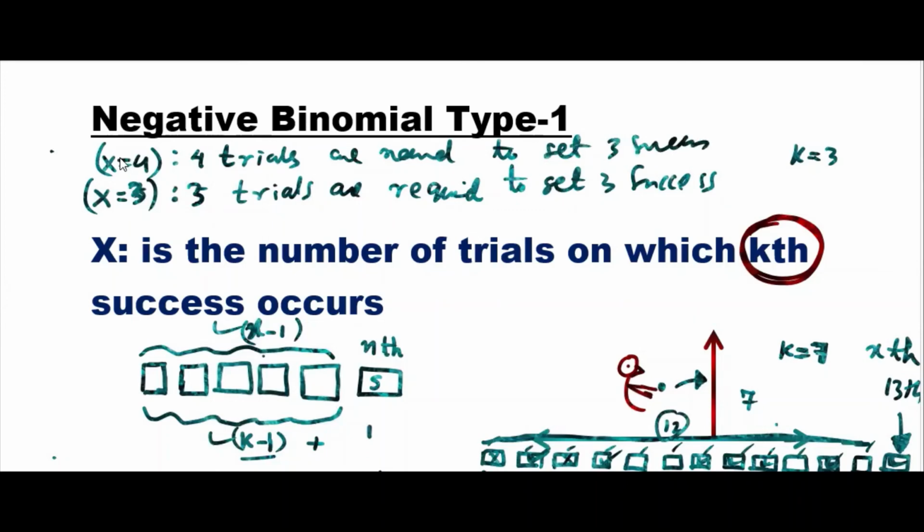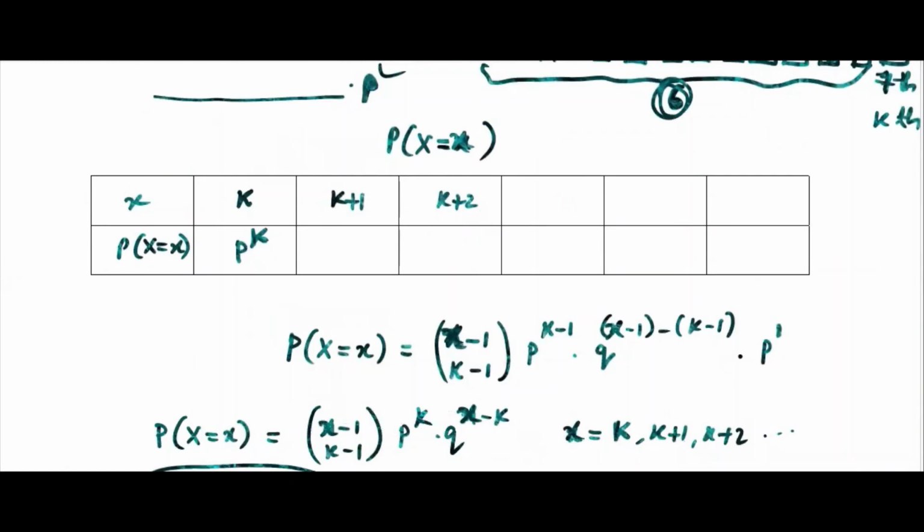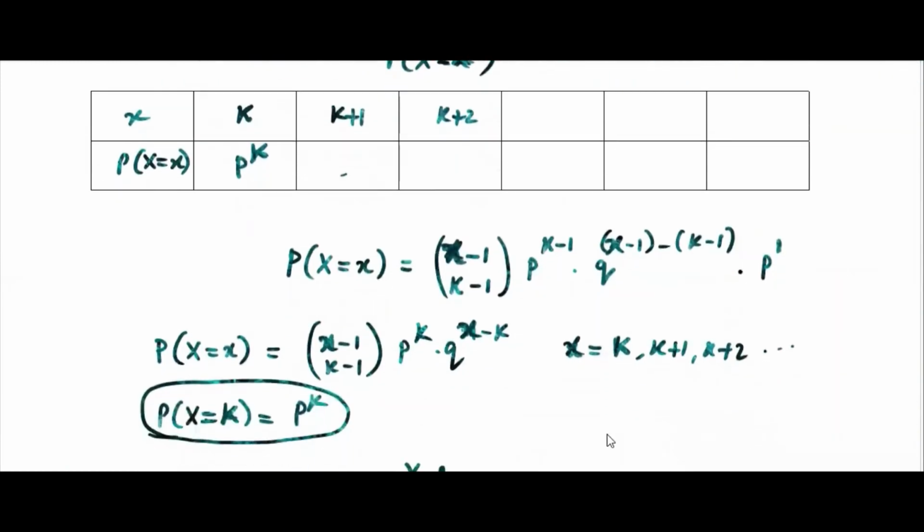I have taken k equal to 3 here, so the k is fixed here. So what is the probability that you get k successes in k trials? X is k means in k trials you will get k successes, so every one should be a success. So multiply p, you will get p power k. That way all these things, if you want, you can find. Otherwise, if you don't find also, it's fine. You just remember this formula. This formula is important.